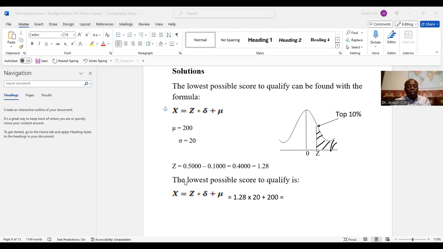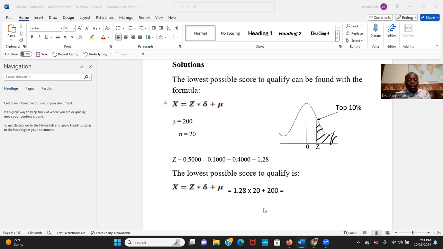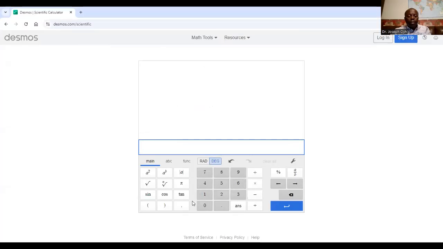On the calculator, I got 1.28 times 20 plus 200, which is 225.6.